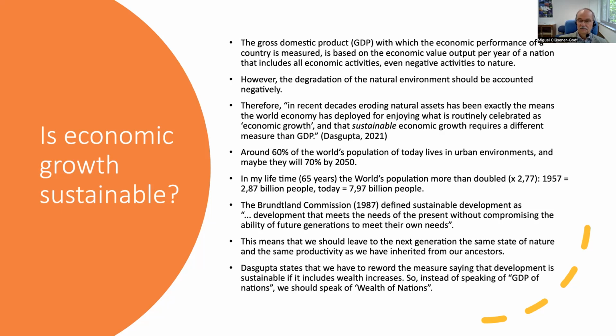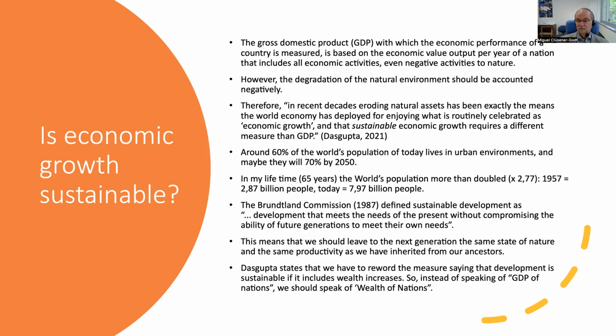So, the Brundtland Commission defines sustainable development as a development that meets, of course, the needs of the present, what we are using, without, and then comes the term sustainable, compromising the future of future generations and what they might need. This means, of course, that we should leave to the next and future generations a state of nature with the same productivity that we have inherited.